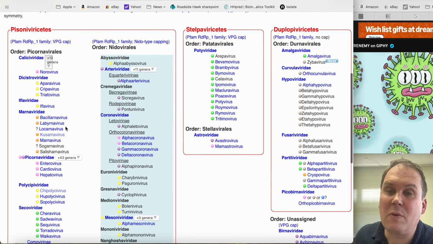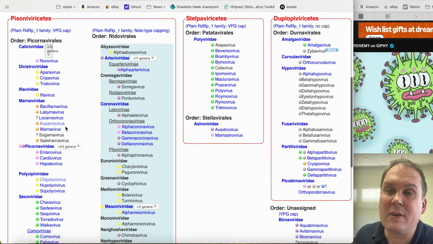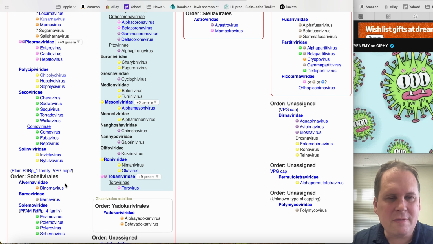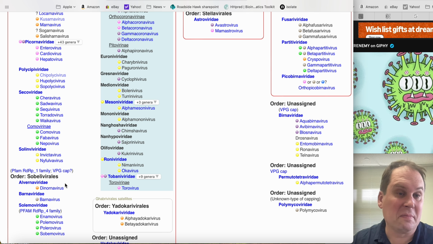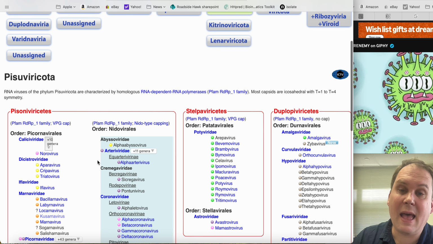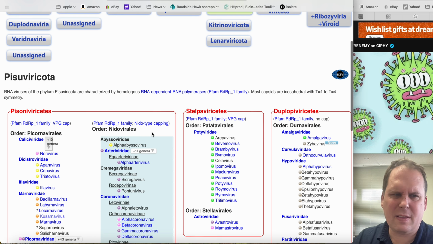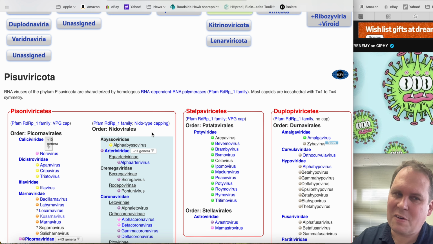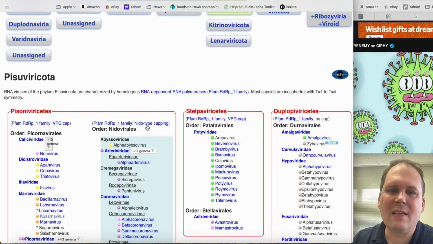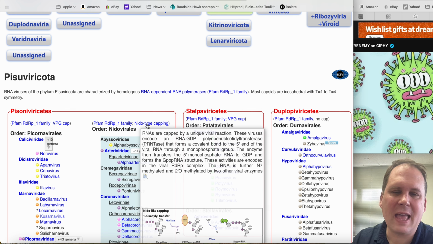These guys are both going to have a VPG, and now you actually know enough to appreciate that. And you can say, oh, VPG, that's the protein primer for RNA synthesis. And it is, yeah. And so they're going to use that in place of a cap. And then you got your nidoviruses over here that don't have a VPG, but they sure have something that works the same way. It's just they will then take it off and put a normal cap on it.